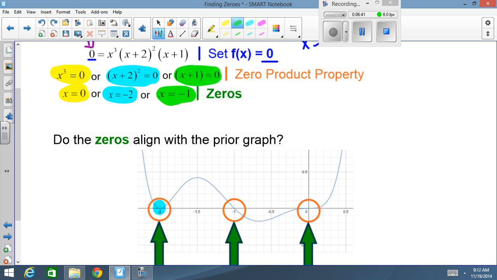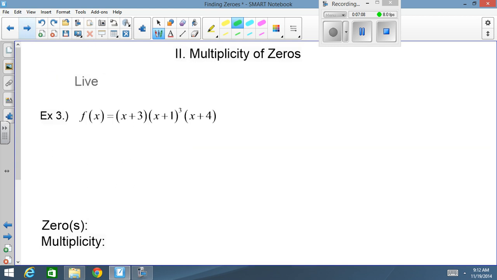And that's all because of this squared right here. But these other two were not squared. So here I went right through it. I guess I'll move that one over here. So at 0, I went right through it. And at negative 1, I went right through it. Okay? So that squared is going to make your zero, your intercept, bounce.